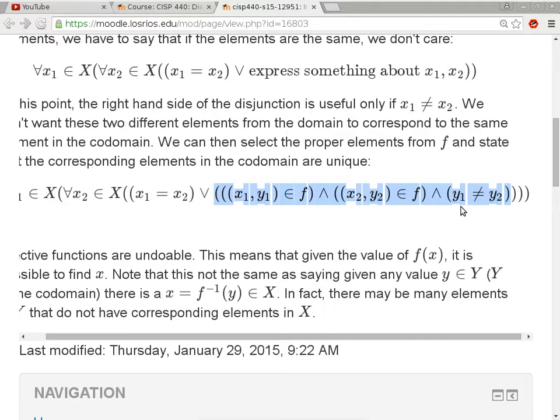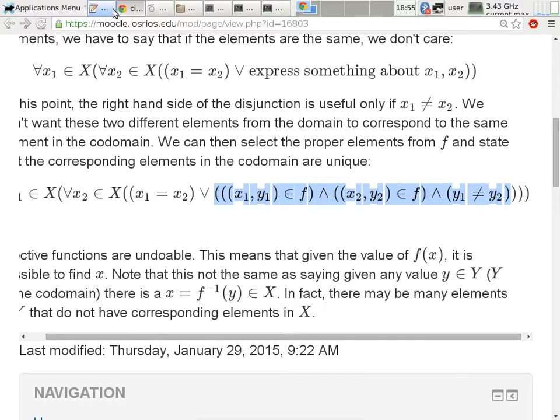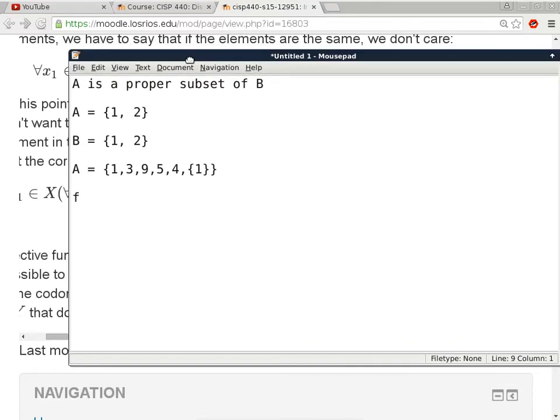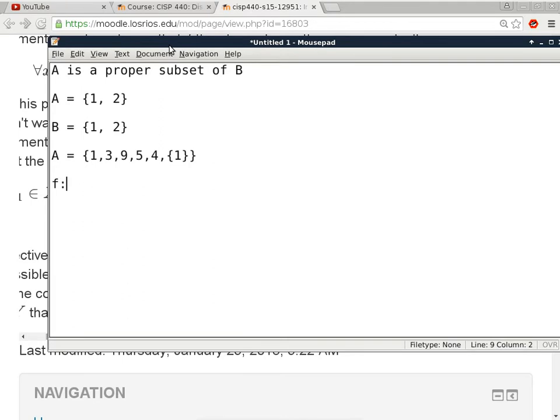Okay. So the simplest example I can give you of a function that will do this is, I'll use my mouse pad instead. My mouse pad, I'll give you an example. So we'll take a look at this function f, and we'll say function f is going to map this particular set from, okay, this is good. Okay, Tack and George.